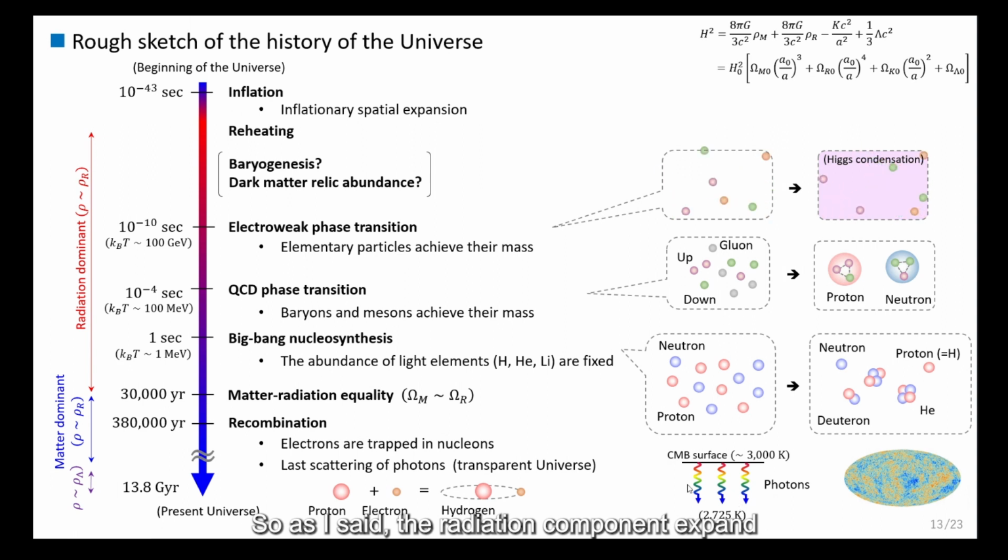As I said, the radiation wavelength also expands by the space expansion. Then the current observation gets photons of just 2.7 Kelvin.